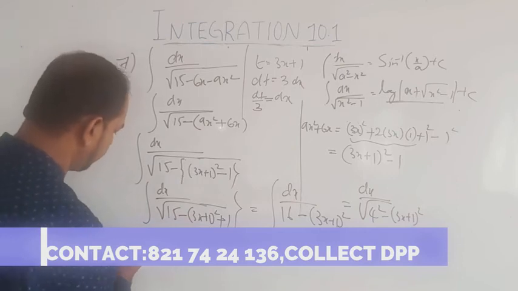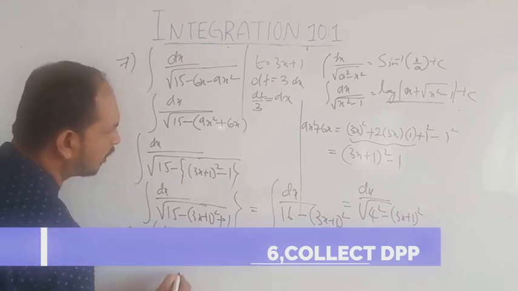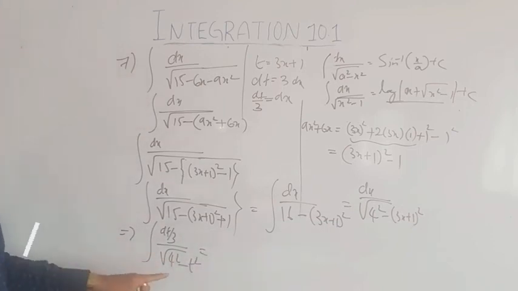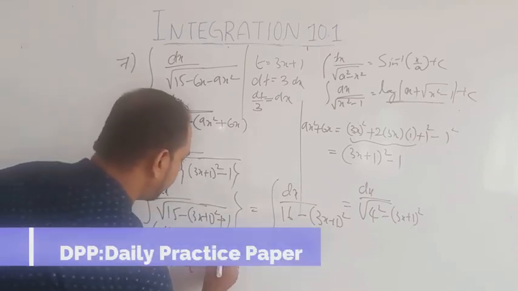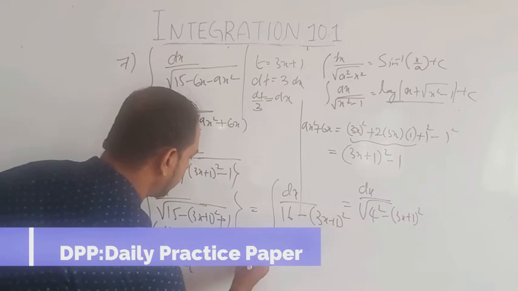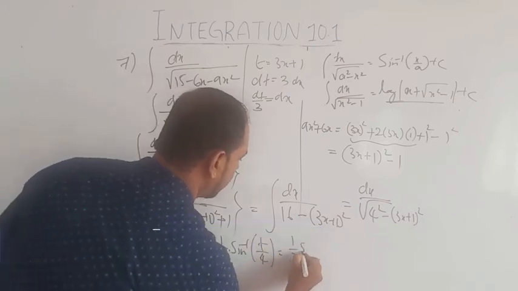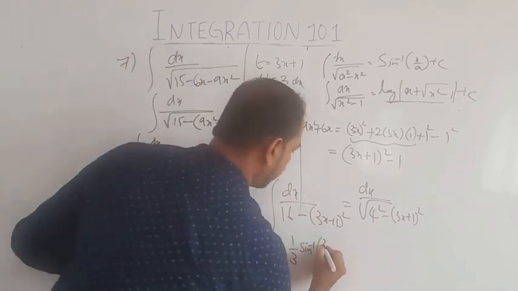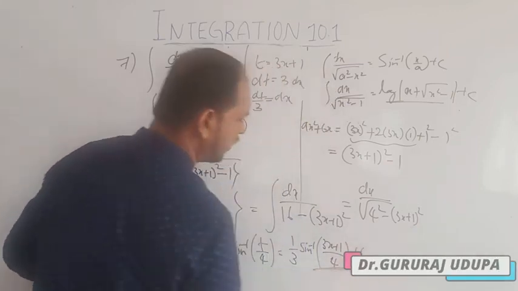So my integration becomes dt by 3 divided by root of 4 square minus t square, of the form a square minus x square. So 1 by 3 sin inverse of t by a, where a is 4. So 1 by 3 sin inverse of t, which is 3x plus 1, by 4, plus C. So this is the final answer.